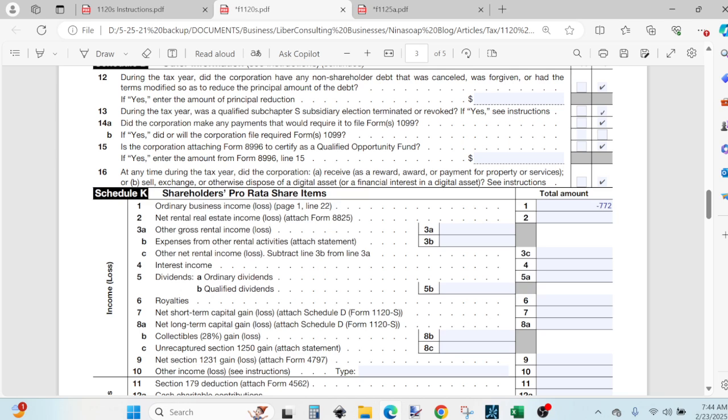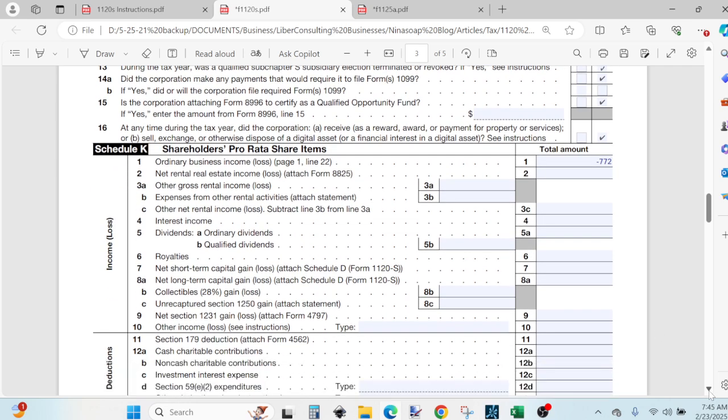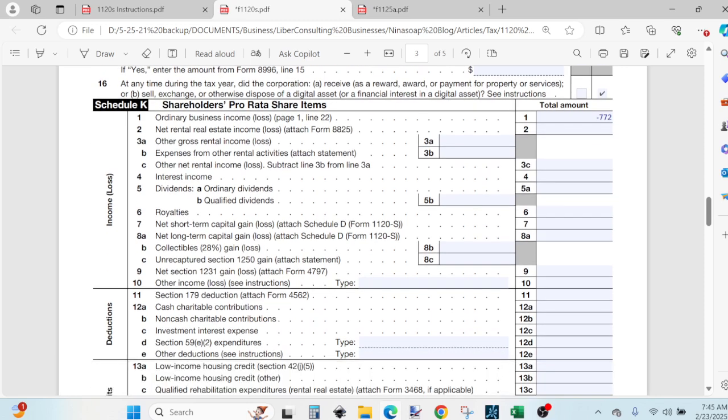If you rent some other things that are not real estate, expenses and income related to it will go on line 3. And then interest income will go on line 4. Ordinary dividends will go on line 5A. Qualified dividends will go on 5B. And if you have royalty income, it will go on line 6. Pretty much any other income that your business is generating that you didn't put on page 1 will go on what you think is appropriate for it.